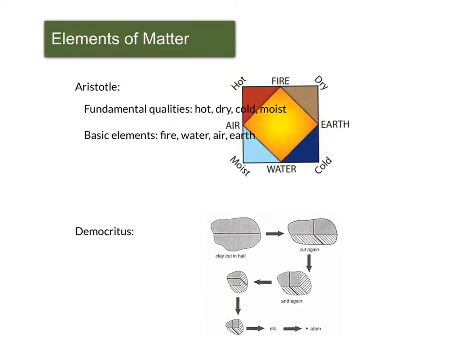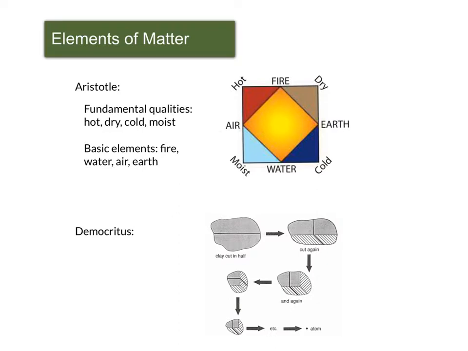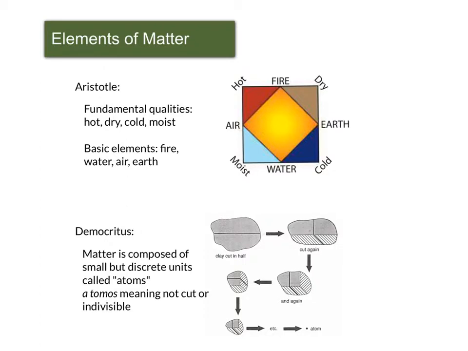So he thought that some combination of those things could account for all matter on Earth. And his theory gained a lot of traction because he was a pretty famous, pretty well-known philosopher at the time. But it turns out he was wrong. And so the other philosopher is Democritus, and he imagined that atoms were the smallest thing you could get to if you kept cutting something in half over and over and over again.